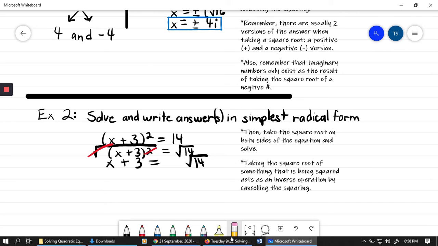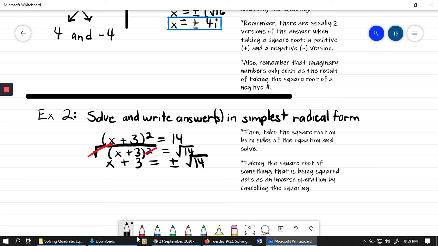One version's positive, the other one's negative. Okay, so right now we have x plus 3 equals plus or minus the square root of 14.